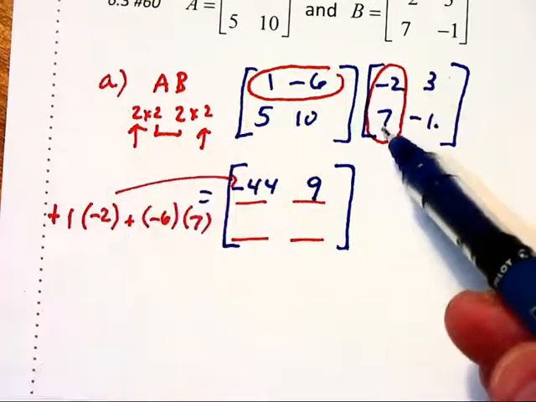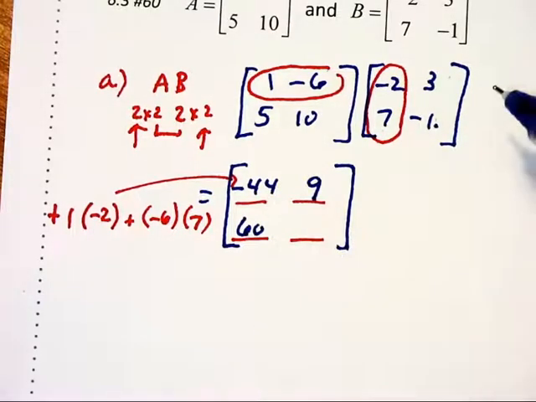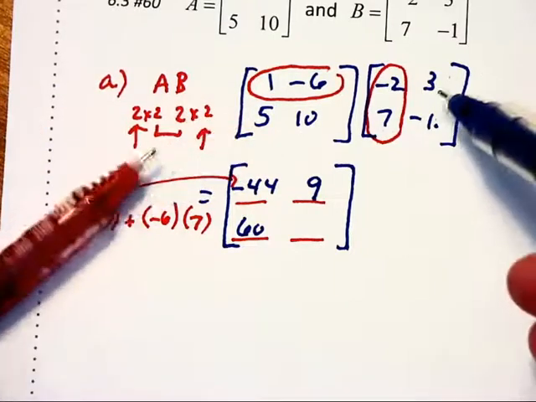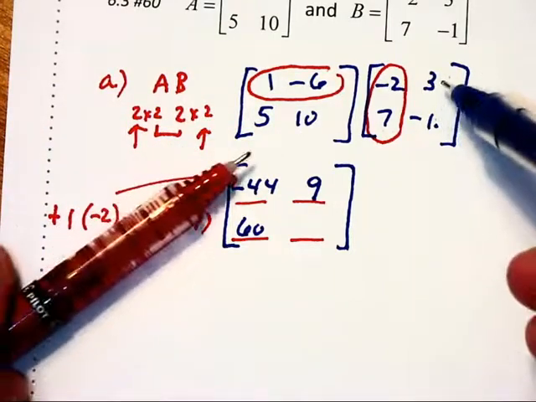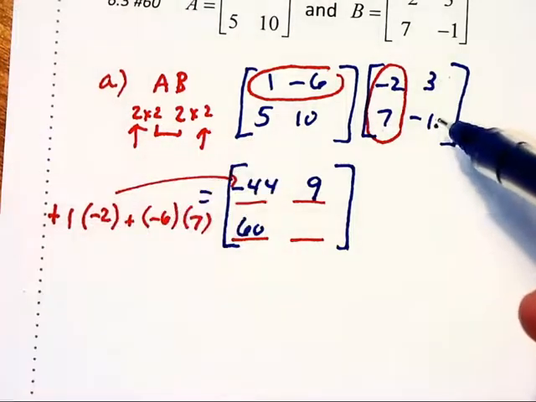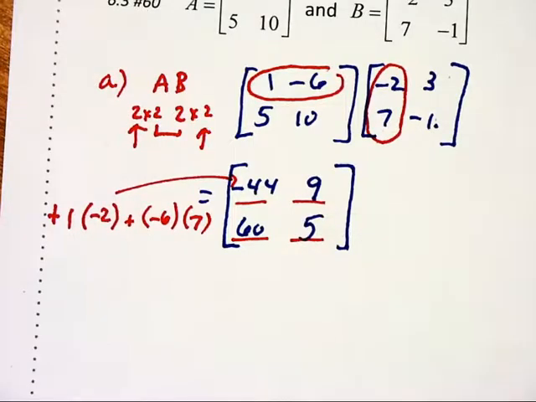Negative 10 and 70 make 60. And then this is row 2, column 2. So row 2 is the 5, 10. Column 2 is the 3, negative 1. So I have a product of 15 and minus 10, which gives us a 5. Okay, so you've really got to be careful because one position alone can mess things up.